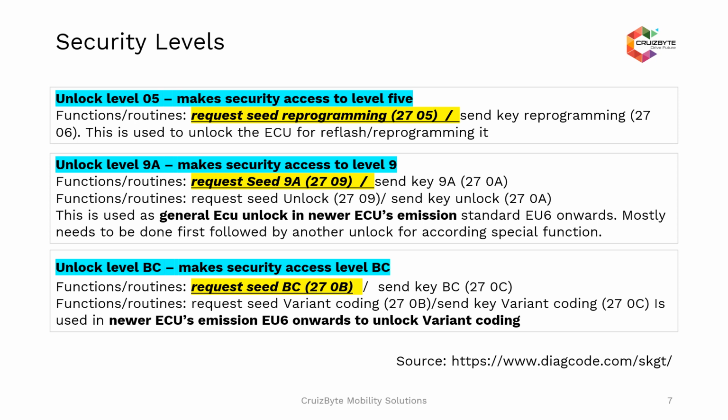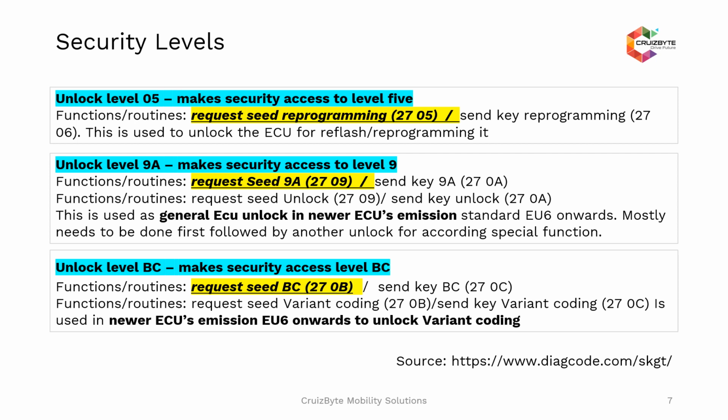And unlock level 5 might be the next level of security access, level 5, and this might be used for request seed programming functions. Might be used for reflashing the ECU or reprogramming the ECU. Unlock level 9A makes the security access level 9, and it's again a general unlock used in newer emission standards, Euro 6 onwards.